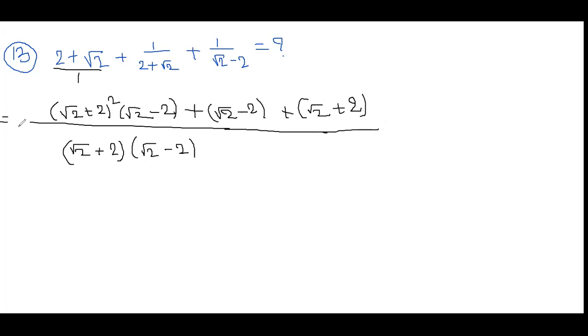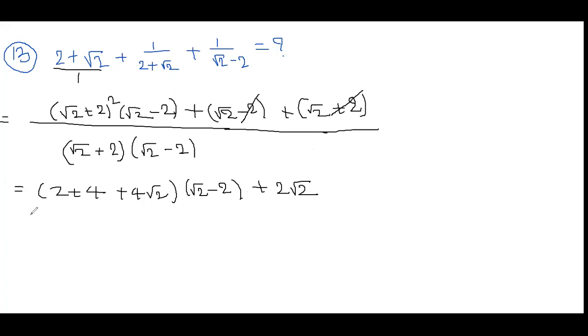The next step is to apply a plus b whole square, that is 2 plus 4 plus 2ab, that is 4 root 2, into root 2 minus 2, plus root 2 and minus root 2 cancel, root 2 plus root 2 is 2 root 2.